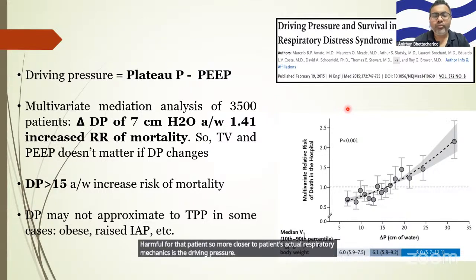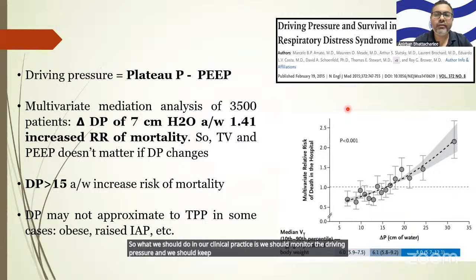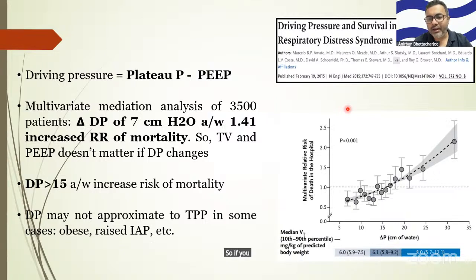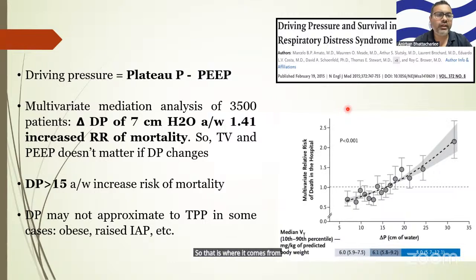What we should do in our clinical practice is monitor the driving pressure and keep it somewhere between 12 to 15. If you look at the chart here, beyond a driving pressure of 15, the relative risk of death is beyond 1. So that is where it comes from. The 12 to 15 is the target of driving pressure.